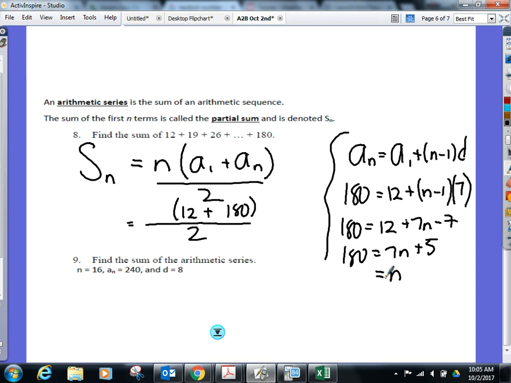What term is 180? It's the what term? 25th term, right? Which means how many total terms do I have? 25 terms, yep. And if you wanted to put it over here, this means you're finding the sum of 25 terms. So if you did add all of them up together, go ahead. What do we end up with?